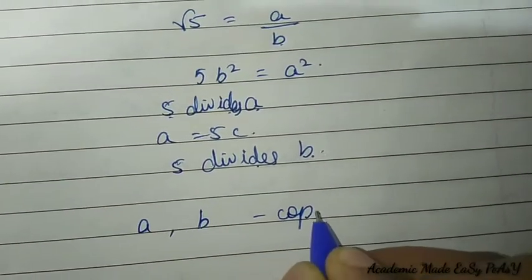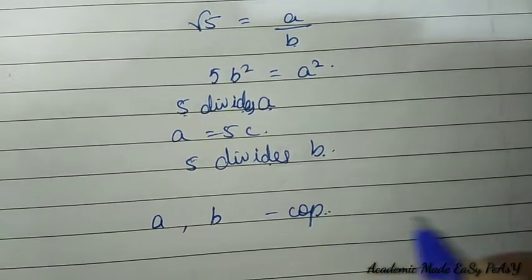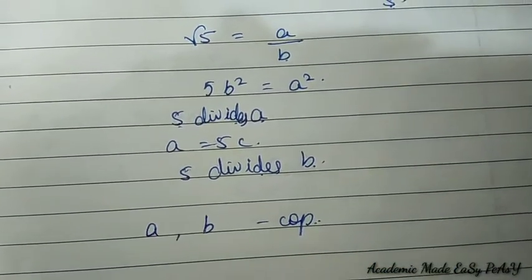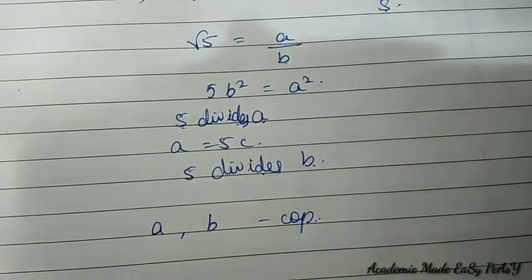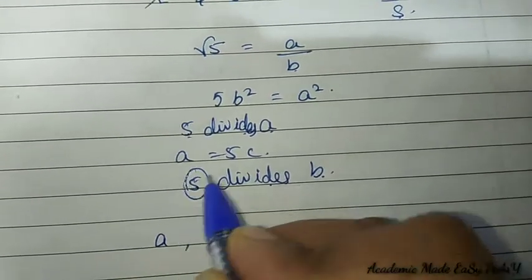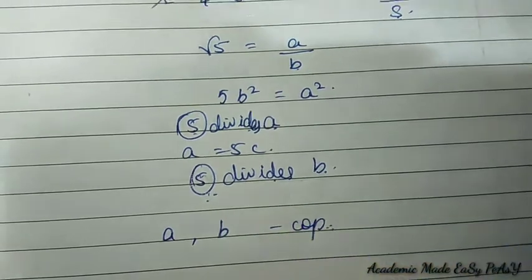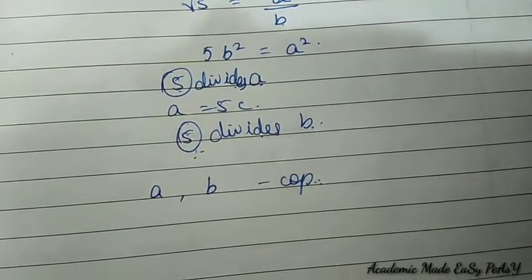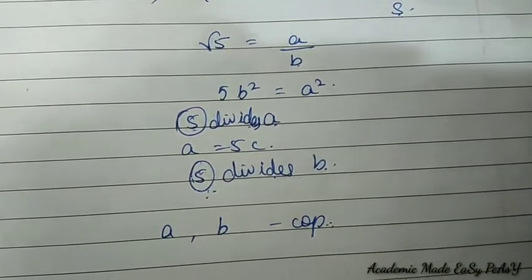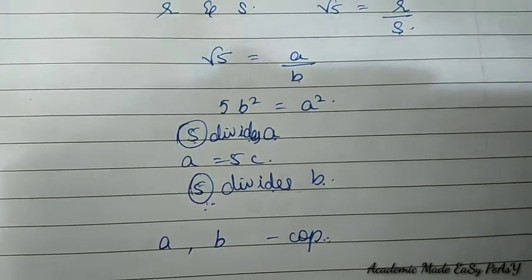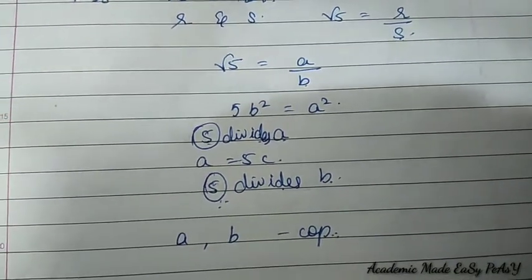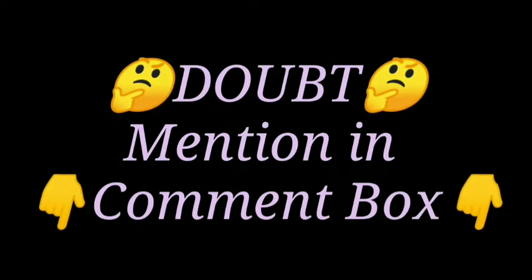What is a co-prime number? If it is a co-prime number, the common factor will be 1 only. But here we have proved that 5 is the common factor for a and b. Since the assumption is wrong, I am saying that root 5 is irrational. That's all. If you have any doubts, mention it in the comment box.